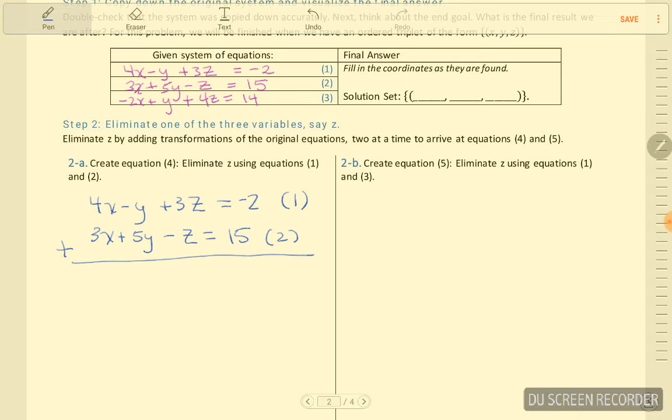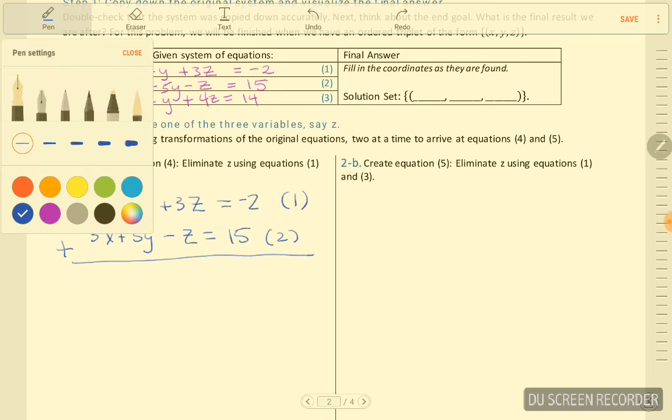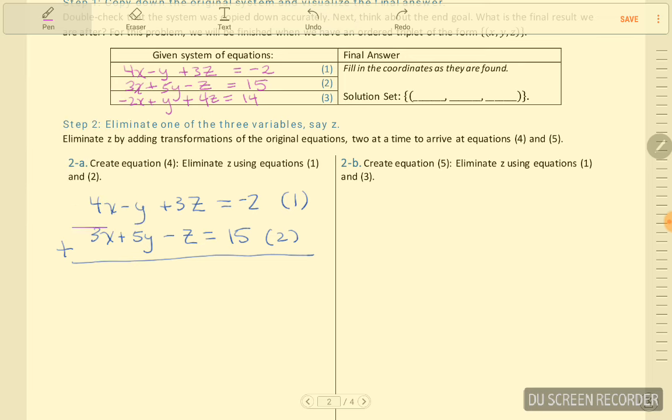And so it's convenient that the 3z up here and the -1z can be fixed with just one transformation. So I'm going to just do 3 on the bottom equation, and the top one I can keep the same.